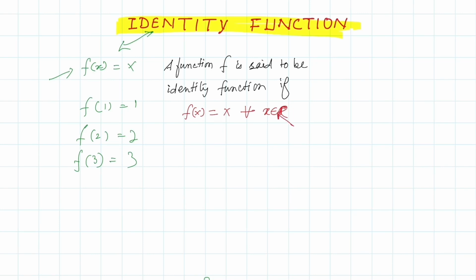Then this function f is said to be an identity function. Okay, so I hope you have understood. Now let me show you how to draw the graph of this function.